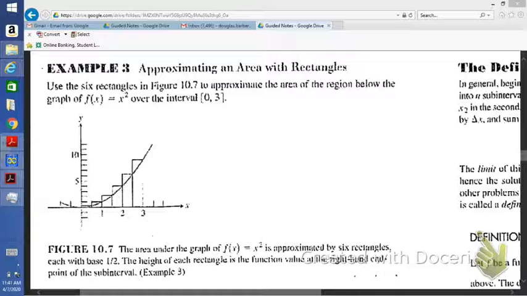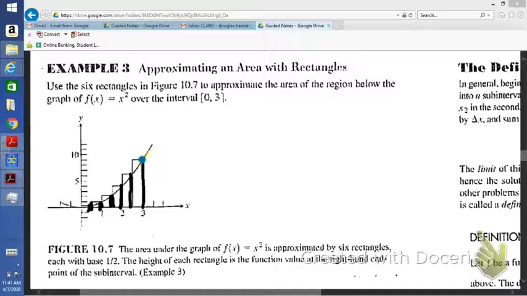So in order to find what the height is, the right boundaries are 1/2, there's 1, there's 1.5, there's 2, there's 2.5, and there's 3. We want to know what the height is at each of those spots, and then we would do our base times height to get the area.